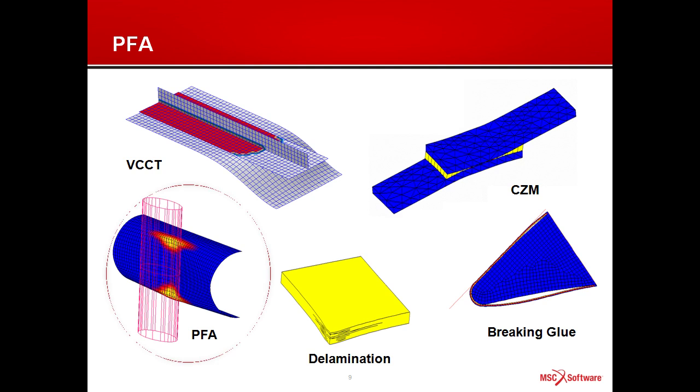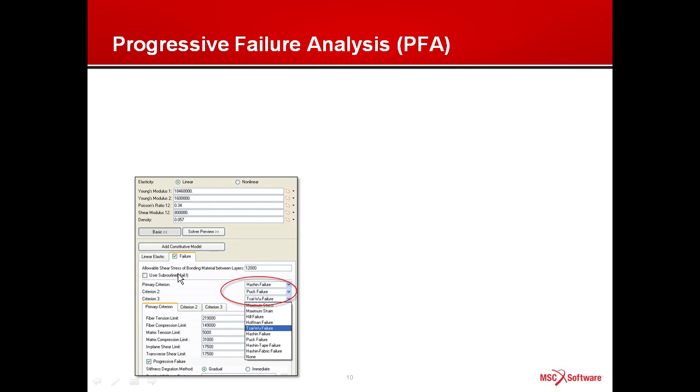So let's first take a look at our first technology, progressive failure analysis. In progressive failure analysis, you, the user, select the failure criteria. And we have a very good selection to choose from. You can see here we have Puck, Hashin, Tsai-Wu, max stress, max strain.